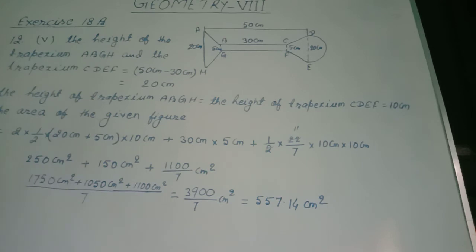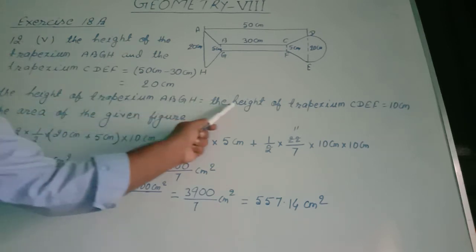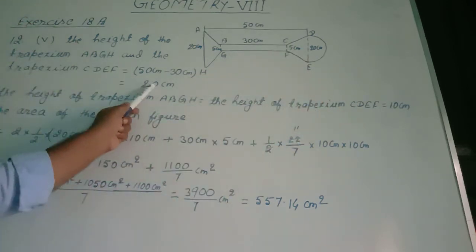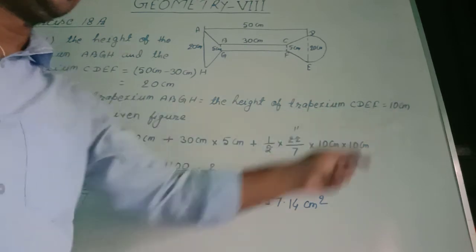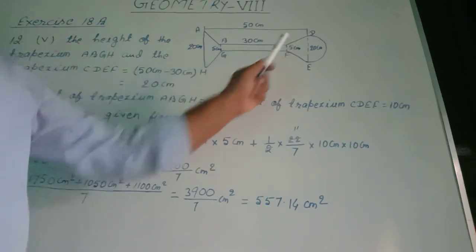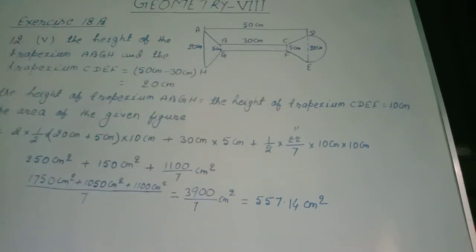The heights of the trapeziums are the same, therefore I wrote the height of the trapezium ABGH equal to the height of the trapezium CDEF equal to 20 by 2, that is equal to 10 cm. Now area of the given figure, there are two trapeziums of same height and same parallel sides.